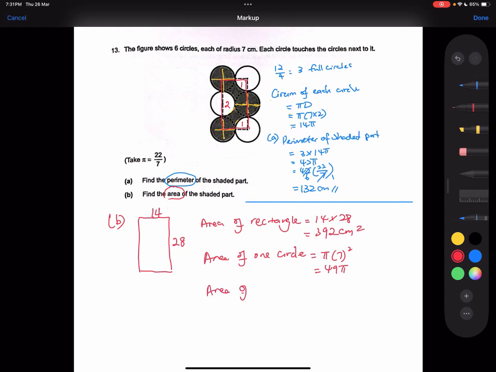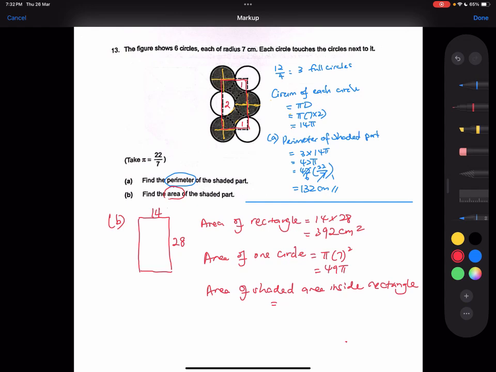Area of shaded area inside the rectangle. Okay, let's be clear here. This is only referring to the shaded area inside the rectangle, not all the shaded areas.